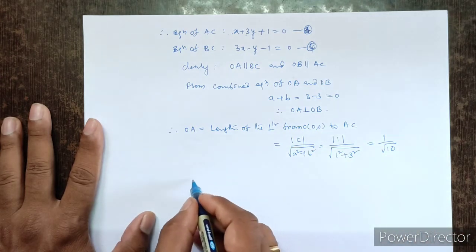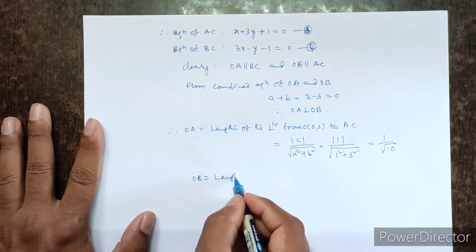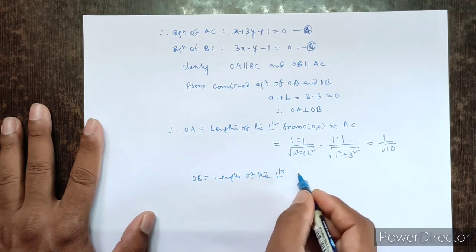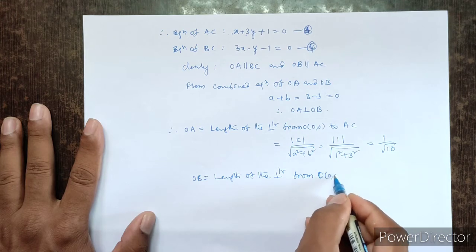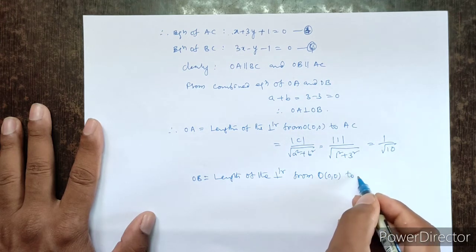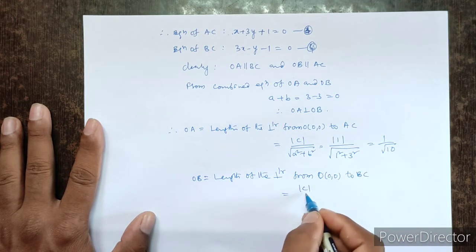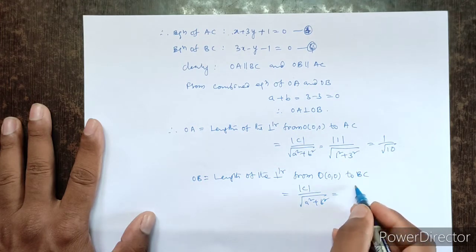Same for OB. OB is the length of the perpendicular from origin to BC. Same formula, modulus C by root of A square plus B square.